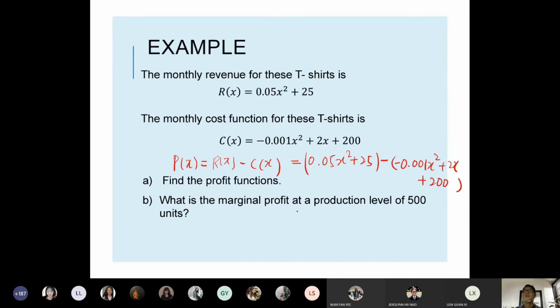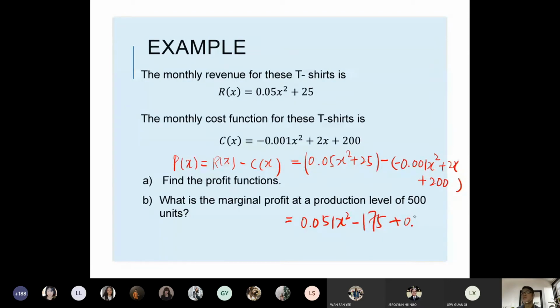Okay, what do we get? 0.051x squared, okay, it's actually minus 175, plus 2x.